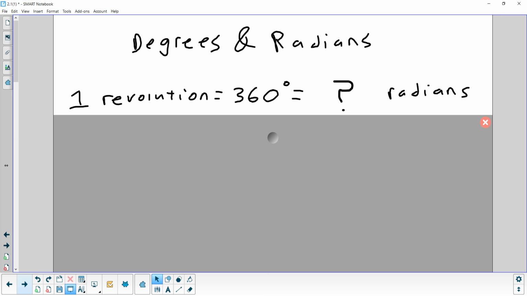So that's going to be our goal. We're going to have to fill in this question mark and figure out how many radians in that many degrees. Or how many radians in 180 degrees. Or how many radians in 90 degrees. The point is I need something. How many radians in a certain number of degrees. And that's what we're going to try to figure out.